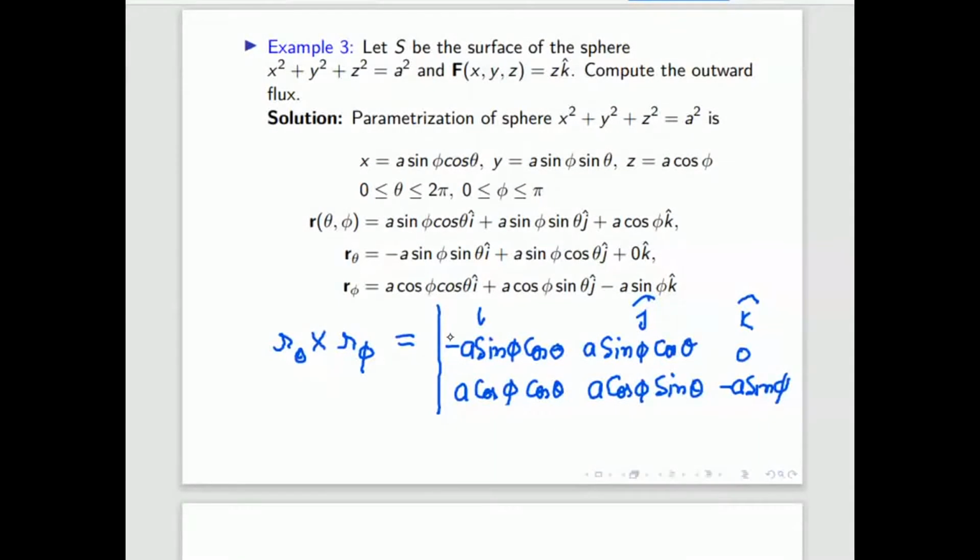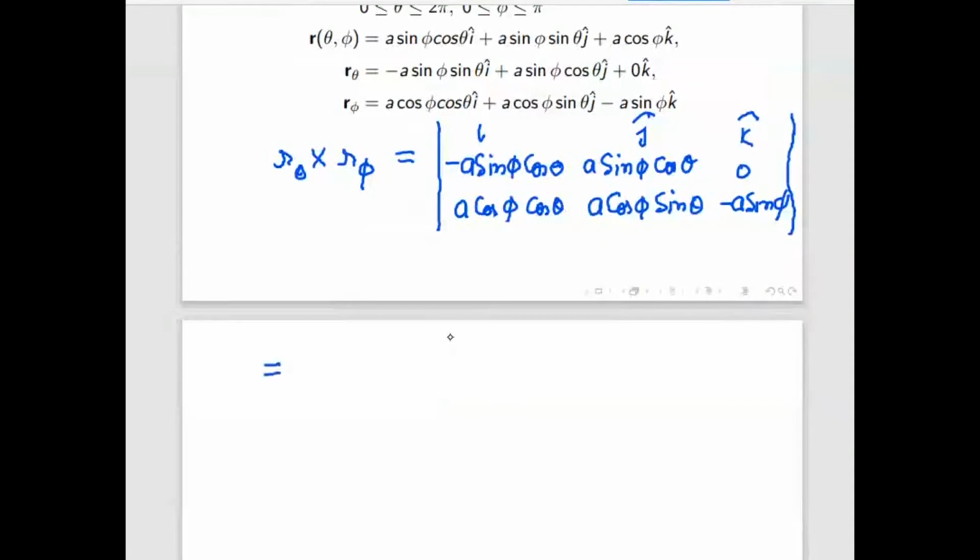This multiplied by this will give minus a square sin square phi cos theta. This is the i component. Plus the j component will give this multiplied by this, plus, because of j it is minus, a square sin square phi sin theta.